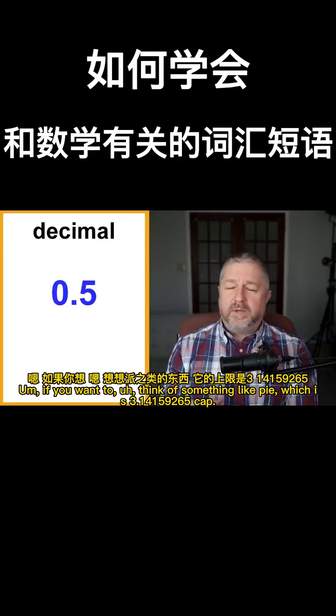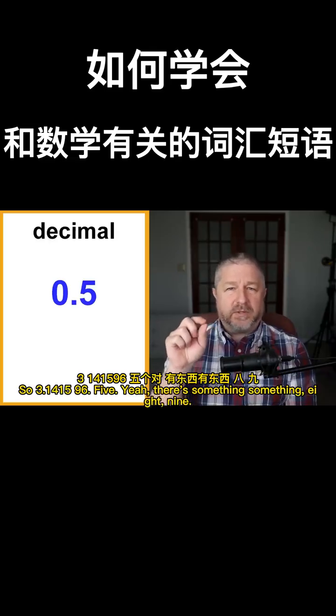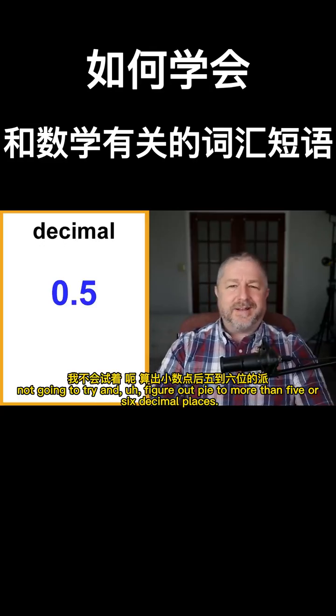If you want to think of something like pi, which is 3.14159265. I can't go any further. I used to be able to go further. There's a decimal point in pi. Anyway, you guys can figure that out. I'm not going to try and figure out pi to more than 5 or 6 decimal places.